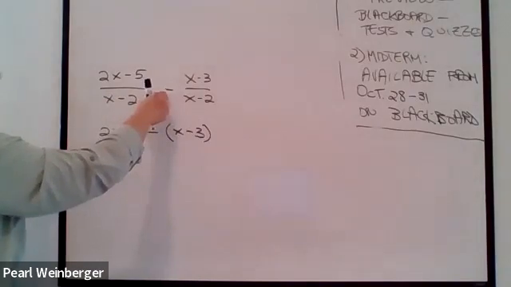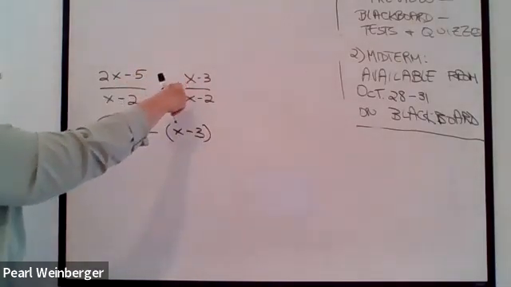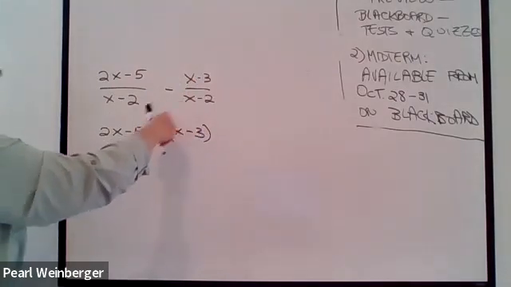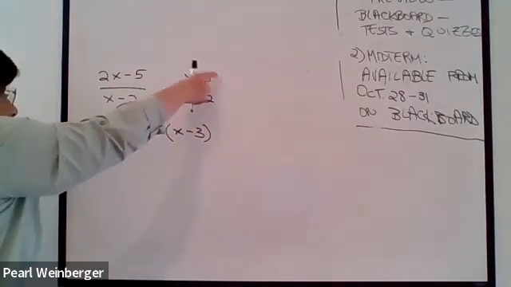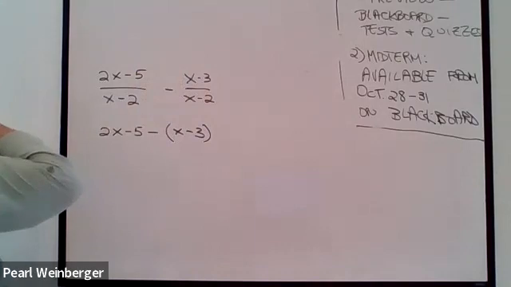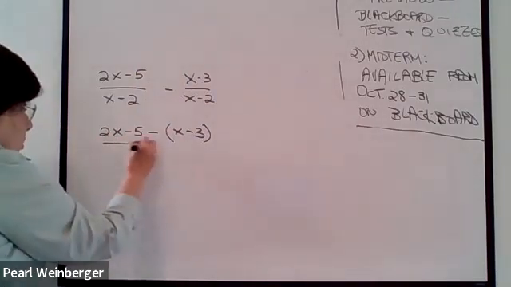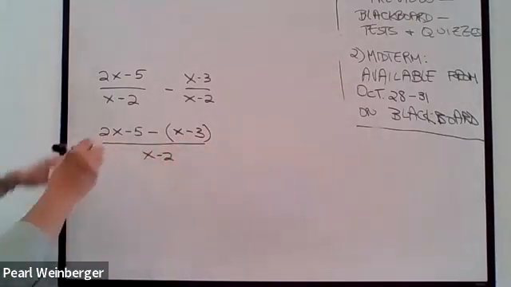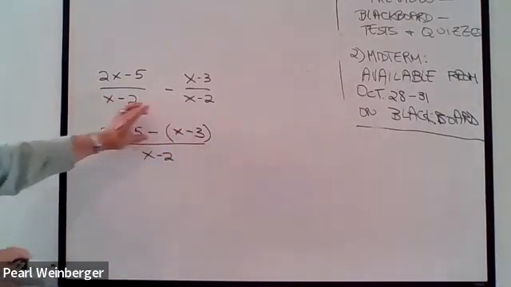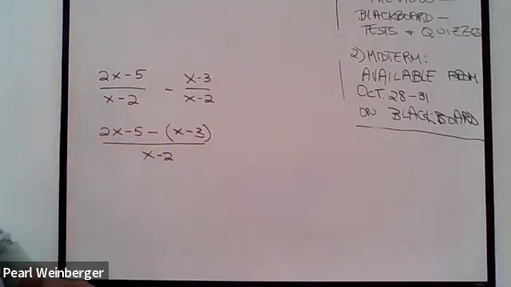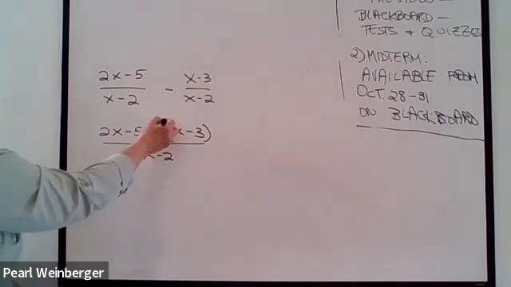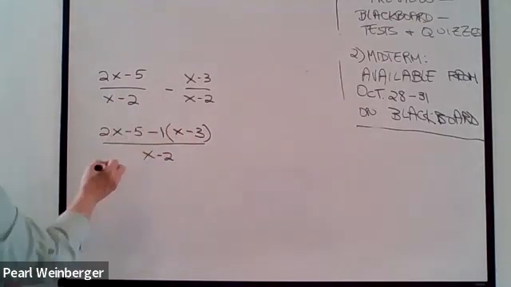Because this minus is in front of the whole fraction, when we do the subtraction, we're going to have to subtract the whole x minus 3. Now this is all going to be over x minus 2. And the first thing we're going to do is simplify the numerator by combining the like terms. Don't forget, when you have a minus in front of a parenthesis, it's a minus 1.